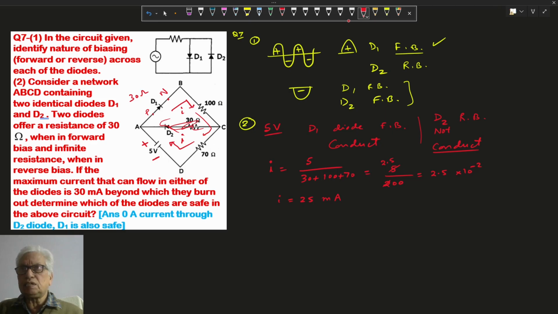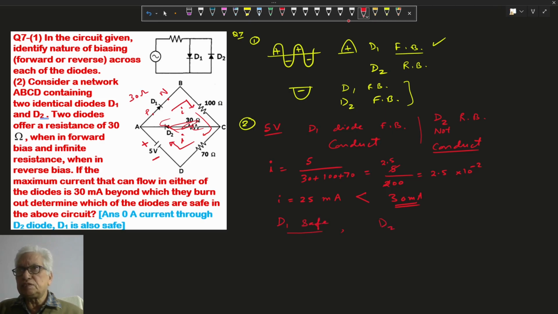This is less than 30 milliampere, at or above which it fails by burnout. This current 25 is less than 30 milliampere, so diode D1 is safe.